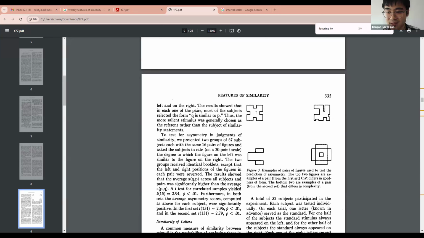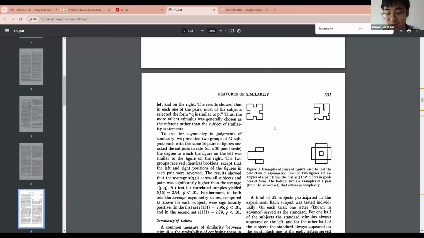Why is that? Because goodness of form supposedly indicates a higher level of prominence and salience. In this case, we see good symmetry and very nice clean corners, while in the other case, it's entirely chaotic. There's no symmetry here, really. So this figure is probably more prominent, more salient.